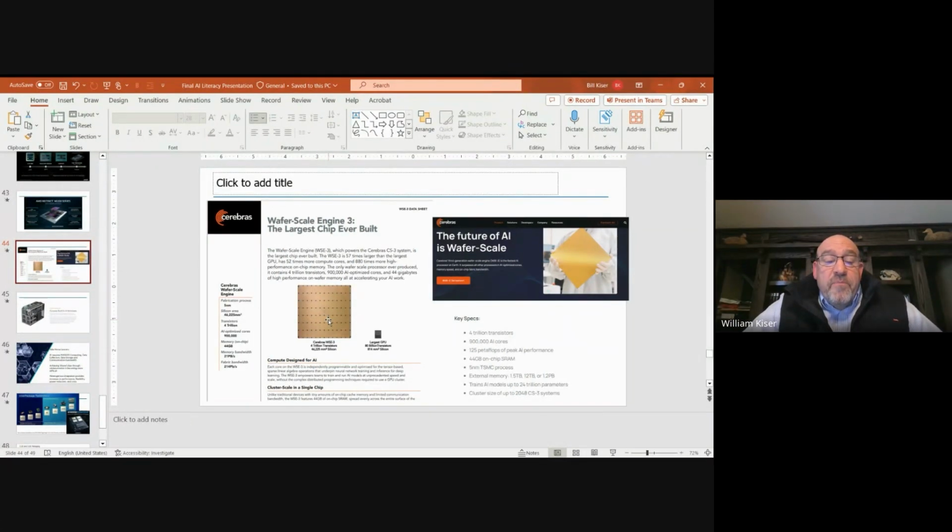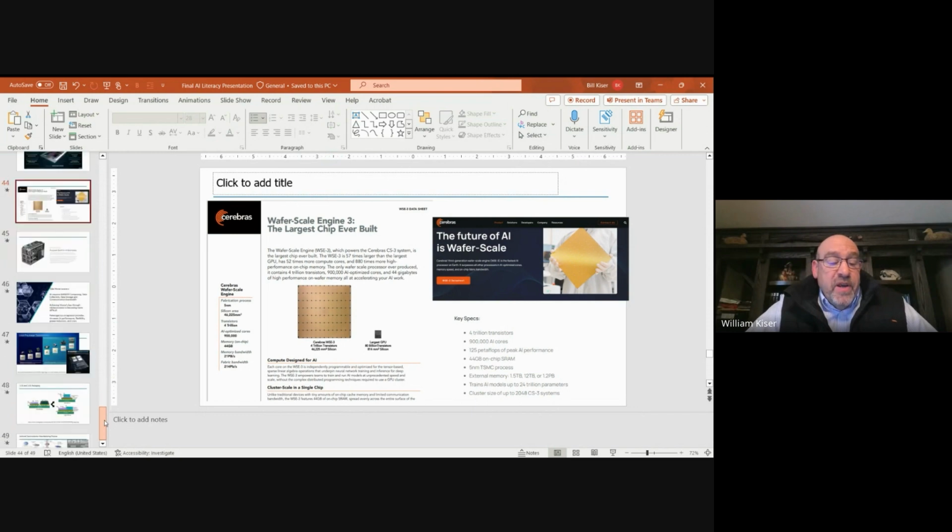They are now building a wafer scale AI that has 4 trillion transistors on it, with 900,000 cores that you can parallelize to do computing, which equates to 125 petaflops of peak AI performance. Now you can start to stack some of these up and think of the gains that you can start to make in AI, and the types of calculations that can be done with this sort of computing power.